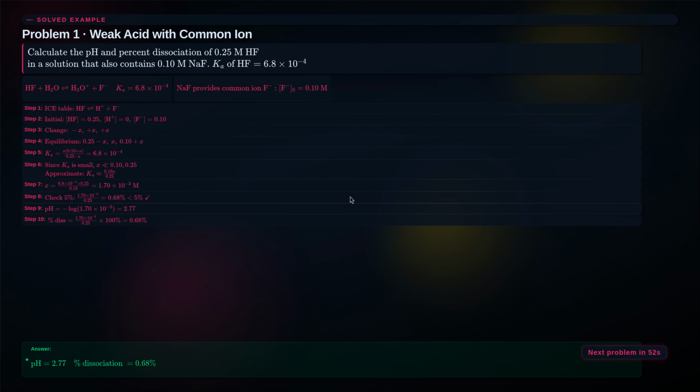Step 5. Check the 5% rule. 1.70 times 10 to the negative 3 over 0.25 equals 0.68%, which is less than 5%. The approximation is valid. Step 6. pH equals negative log of 1.70 times 10 to the negative 3, which equals 2.77.